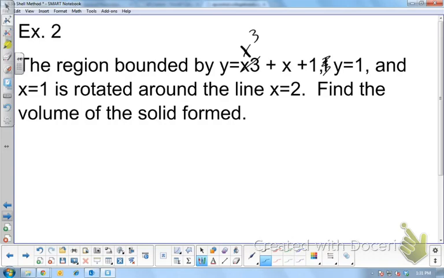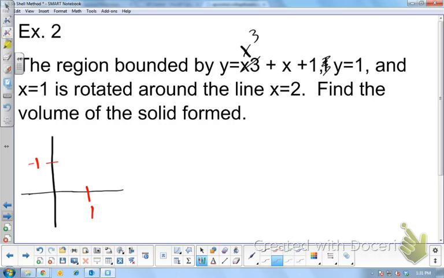So if we draw our axes, we know the easy ones, y equals 1. I'm going to make this kind of wider since we're taking such a small space. I'm going to say this is 1, this is negative 1.